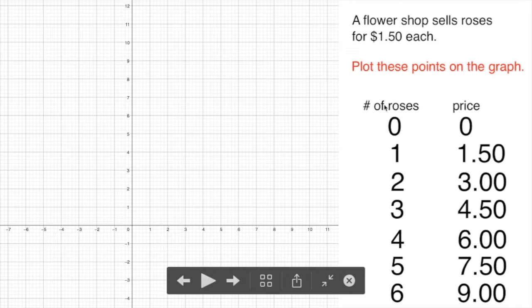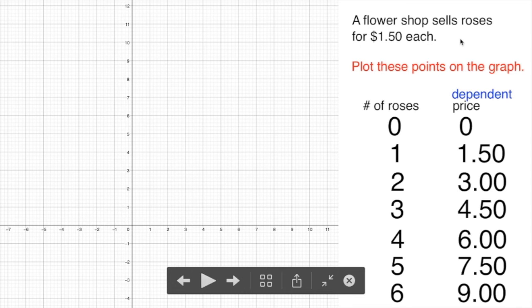Now, which one of these is the x and which one is the y? Well, first of all, we have to think of which one of these variables depends on the other one. The price of your roses depends on how many you buy. You would think, all right, the more I buy, the higher the price. So because the price depends on the number of roses, we call that variable the dependent variable.